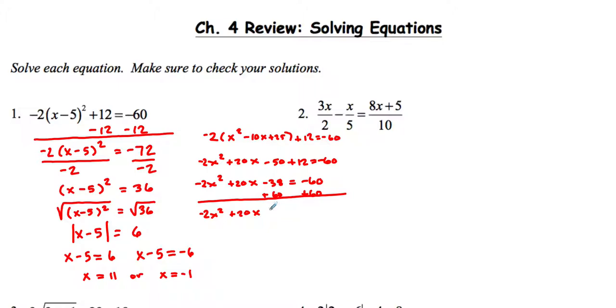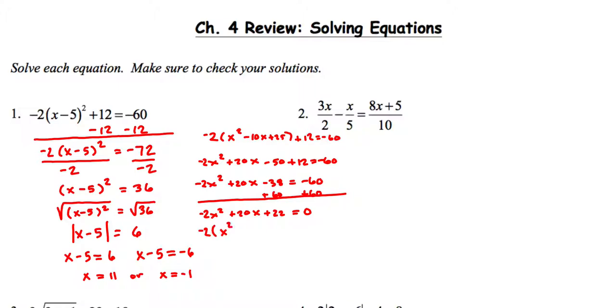And that would be what? Positive 22 there equals 0. Now if I want to flip my signs here, I can multiply everything times a negative 1, or just basically flip all my signs because it's an equation and it'll still be equal. Or I see here that I have a common factor of 2. I could go ahead and factor out a negative 2 and flip my signs that way.